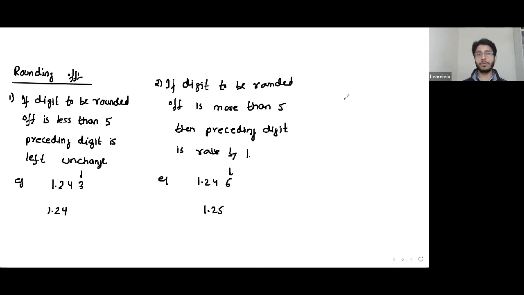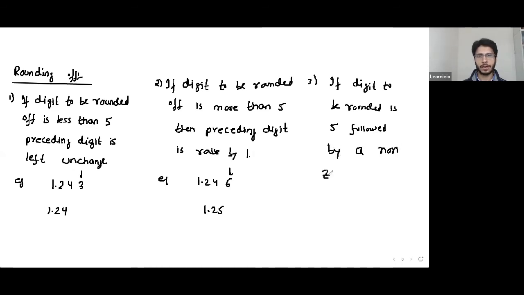But if the digit to be rounded off is 5, then you have 3 types of cases. If the digit to be rounded off is 5, followed by a non-zero digit, the preceding digit is raised by 1.